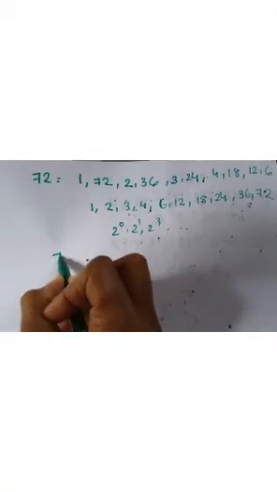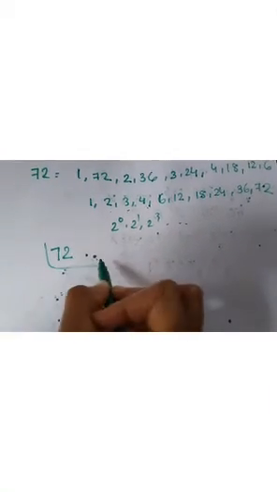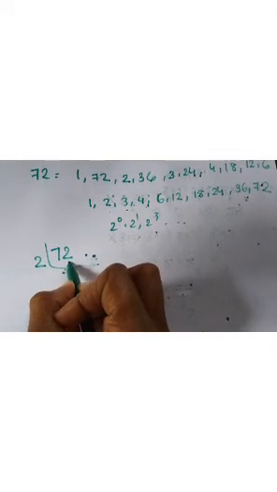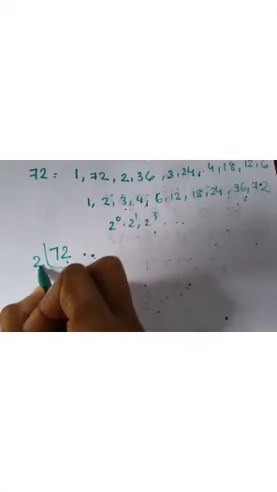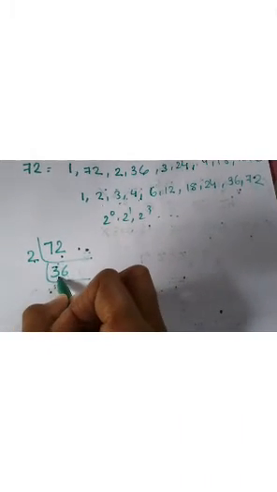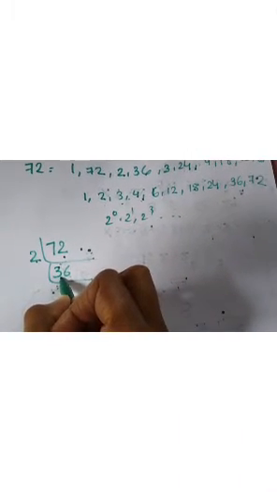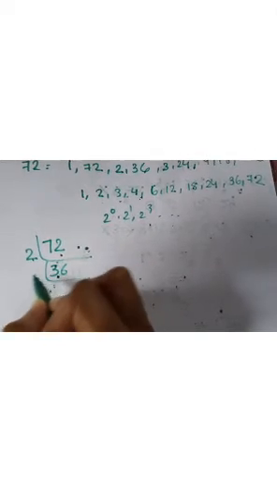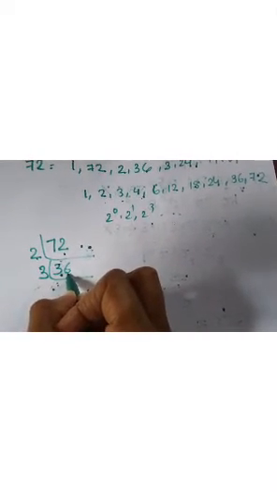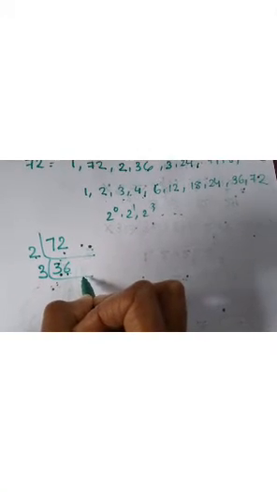Here we want to factorize the number 72. The number ends with an even digit, so it is divisible by 2. 72 divided by 2 is 36. 3 plus 6 is 9, and 9 is a multiple of 3, so it is divisible by 3. Or 6 is even, so you can divide it by 2 also.